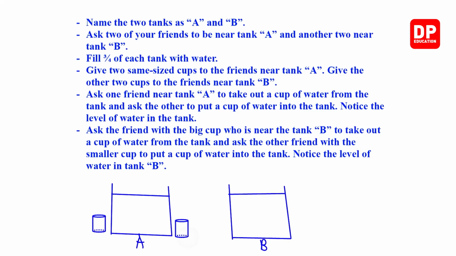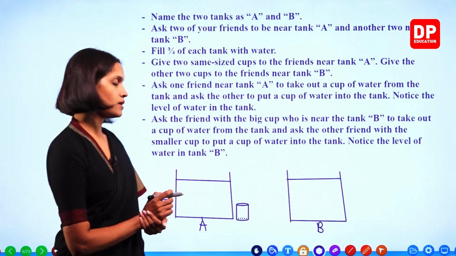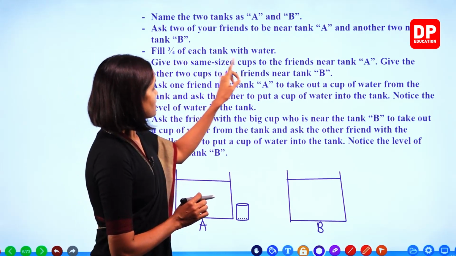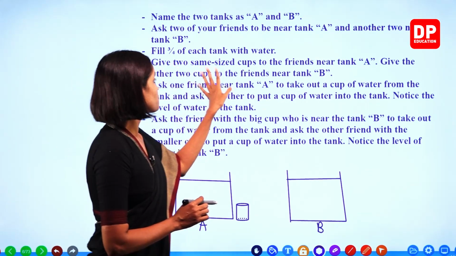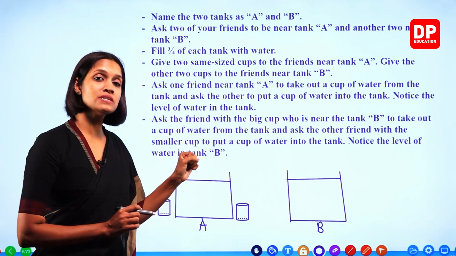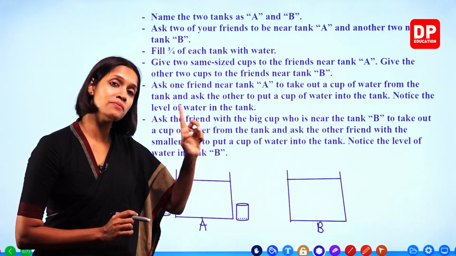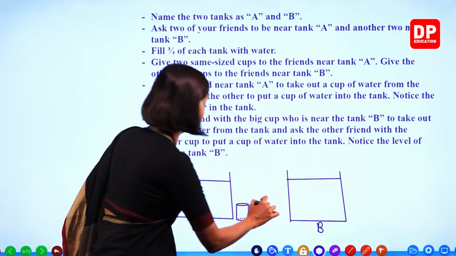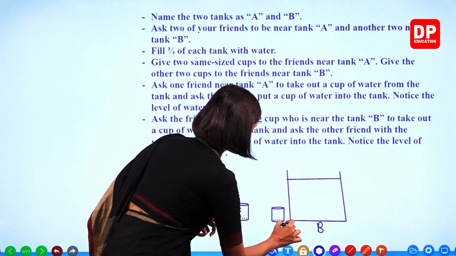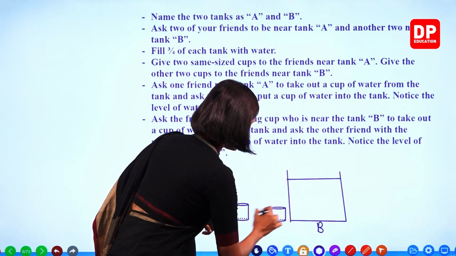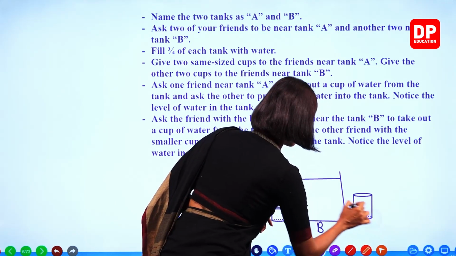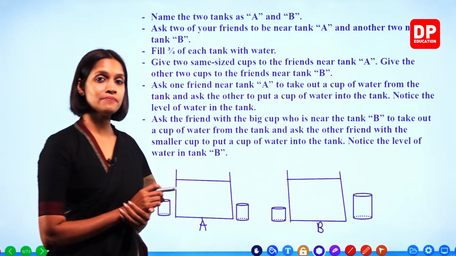It should be the same size. I told you we need 3 cups of the same size and 1 cup larger than that. So here also we need cups of the same size like this, and on this side the other cup we use should be bigger than this.